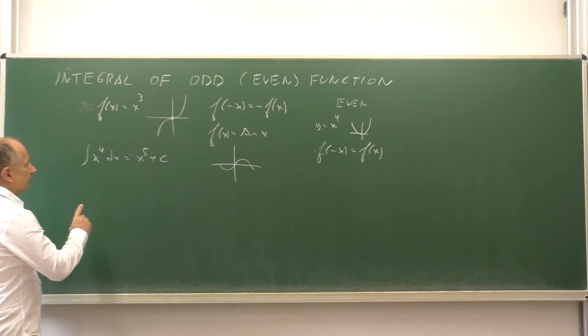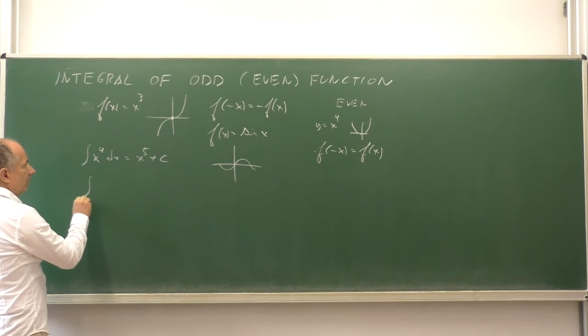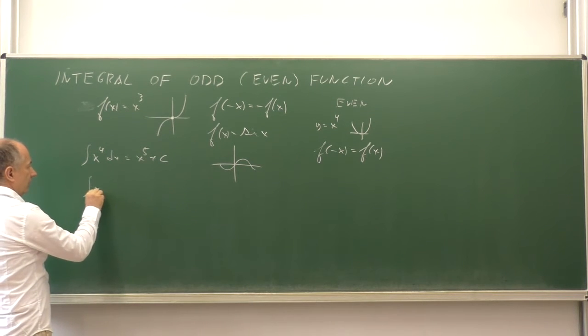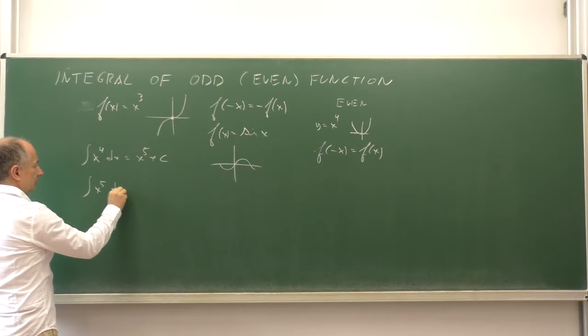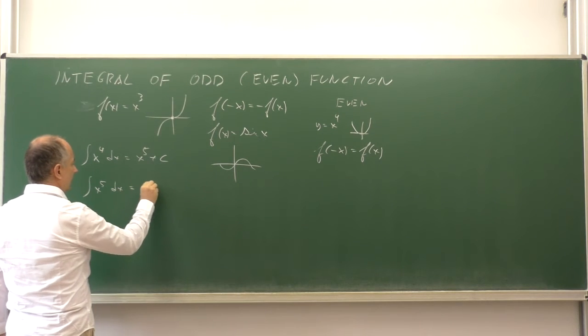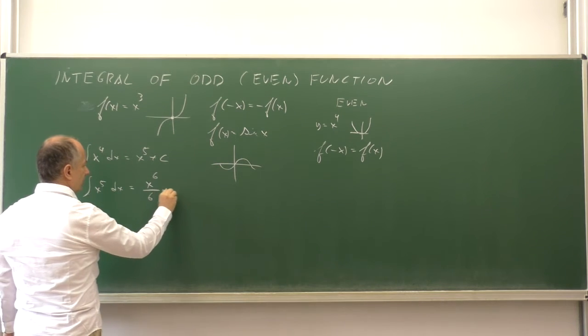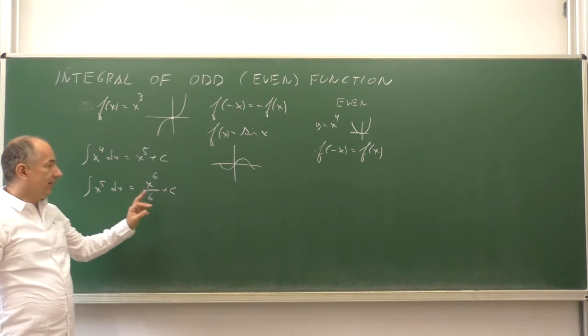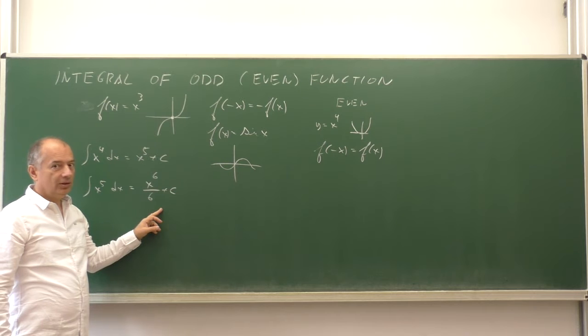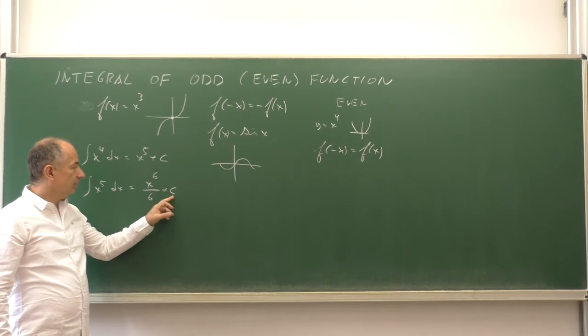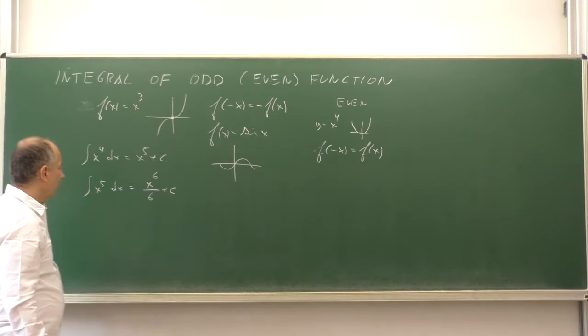But if we integrate an odd function, then we have, in this case, x to 6 divided by 6. And this is, fortunately, an even function for any c.